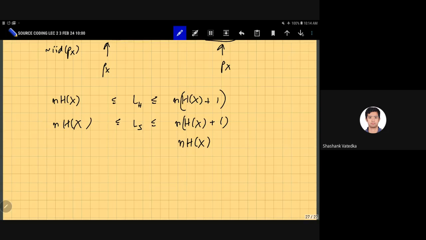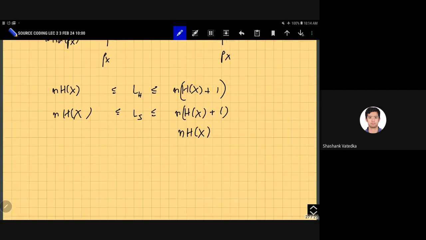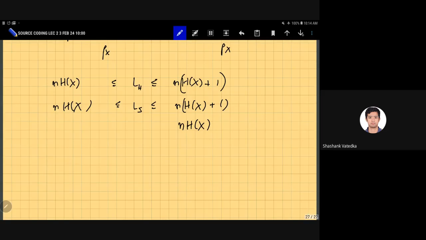But for a stationary and ergodic source, this is not the best possible rate that a compressor can achieve, because as we've seen, the optimal rate of compression is the entropy rate, which is the limit as n tends to infinity of H(X^n) divided by n, and in general this is going to be strictly less than H(X).